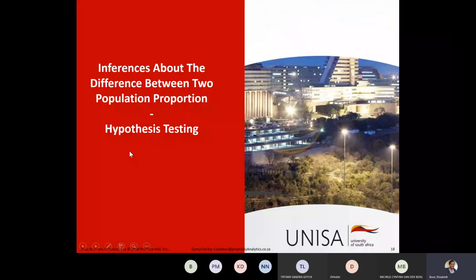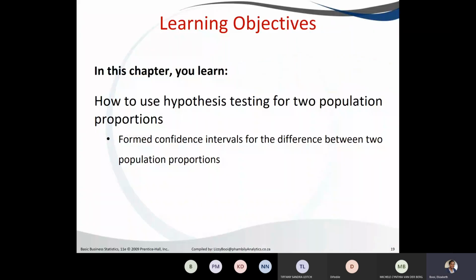Let's look at how we do confidence intervals. Any question before I move to the confidence intervals? Miss Boye, can you give me the previous slide, please, just before you move on?